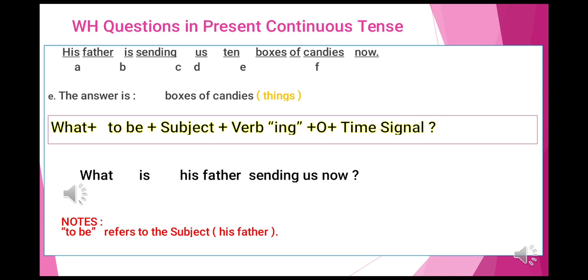For example, we use what? What is his father sending us now? So, don't forget, to be refers to the subject. Subject is his father. Okay, let's move on to the next page.